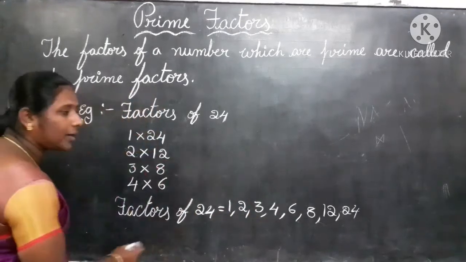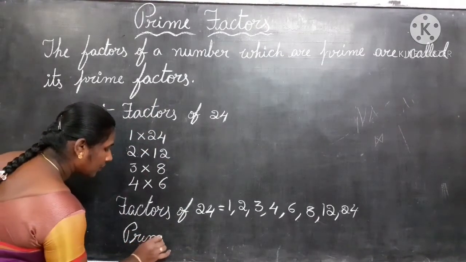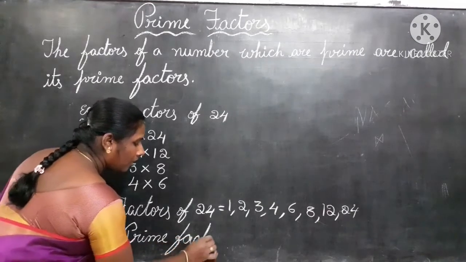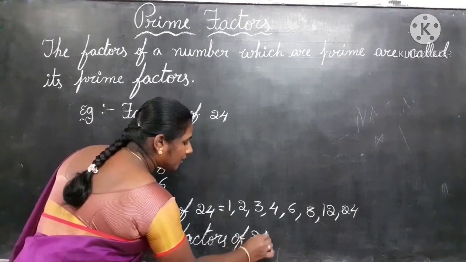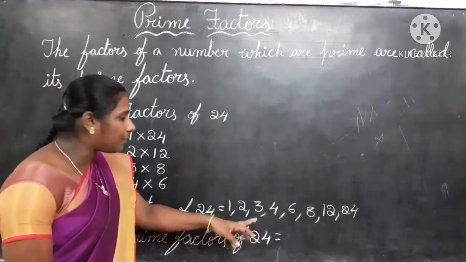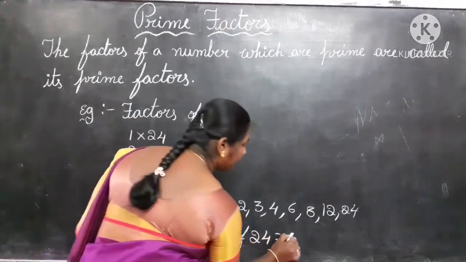So now what are the prime factors of 24? We write the factors of 24. In that, which are prime? 2 and 3. So these two are prime factors of 24.